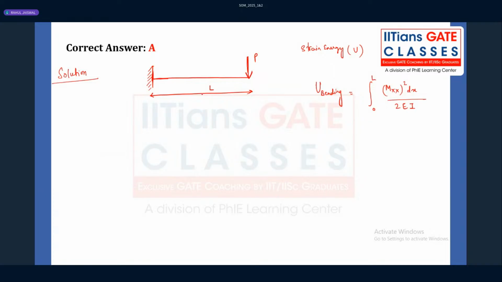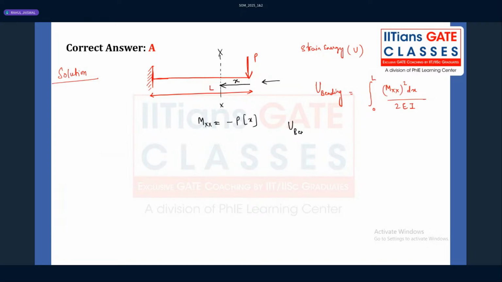Now, what is the bending moment at a section XX? So first we need to consider this section. I am considering this section here at a distance of x. So what is the bending moment which is acting at this section from the right side? That is a hogging bending moment, minus of P into x.